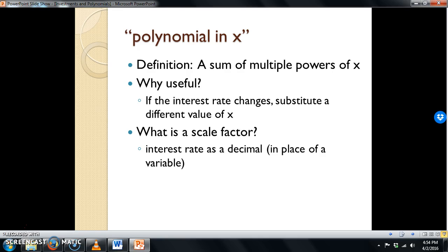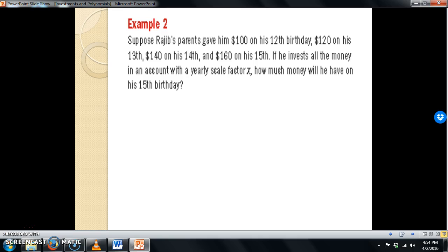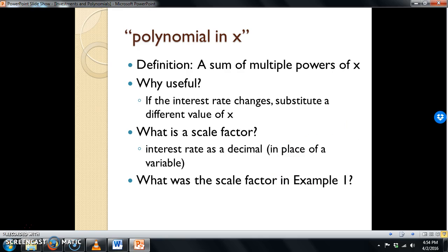So if it gives it as 3%, we write 1.03. In example 1, the scale factor was given as 6%, so we would write 1.06. That's the scale factor.